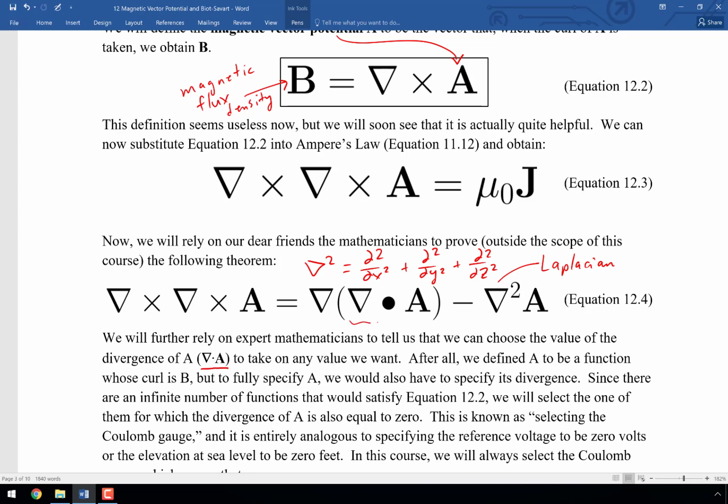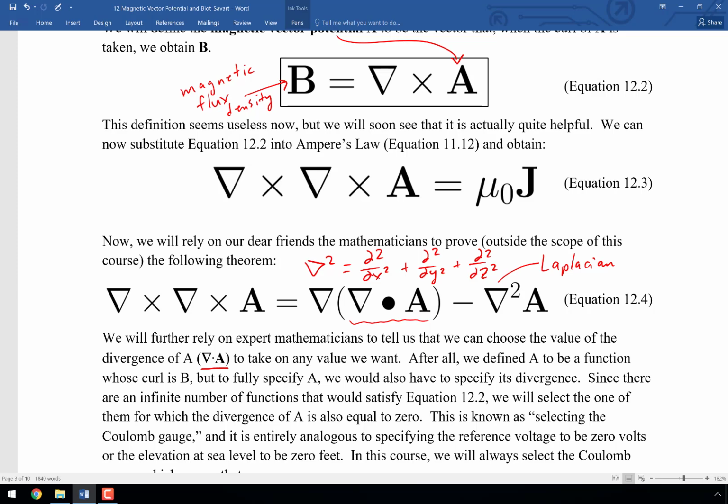So that means that this quantity right here, we can choose that to be anything that we want it to be. In the same way that if we were going to specify an elevation, we could specify that elevation relative to any place on the planet. We could specify it relative to the peak of Mount Everest, but we choose typically to specify it relative to average sea level. And in the same way, when we specify a voltage, we can specify where we want to take the reference point.